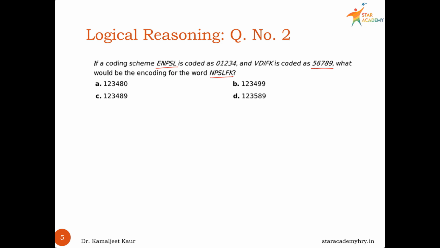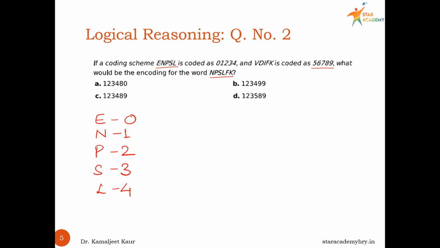It is simply represented as E is 0, N is 1, P is 2, S is 3, and L is 4. Similarly, V, D, I, F, K are represented by the numbers 5, 6, 7, 8 and 9.